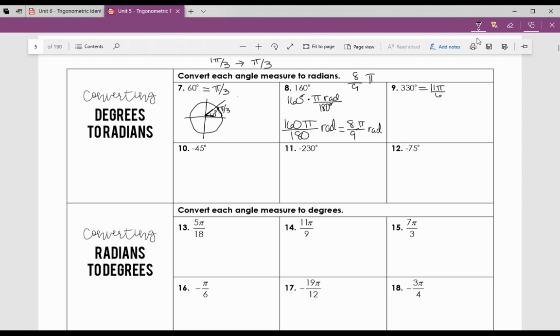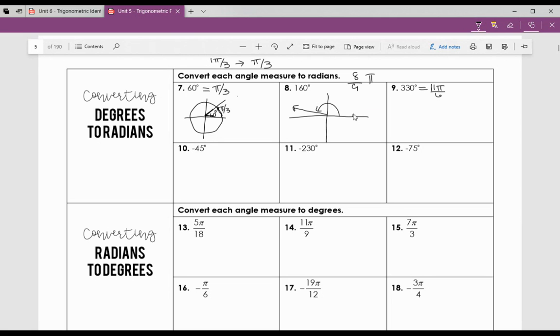Okay? So the same thing over here. We got 160 degrees versus 8 over 9 pi radians. 160 is almost to 180. So there's my 160 degree angle.